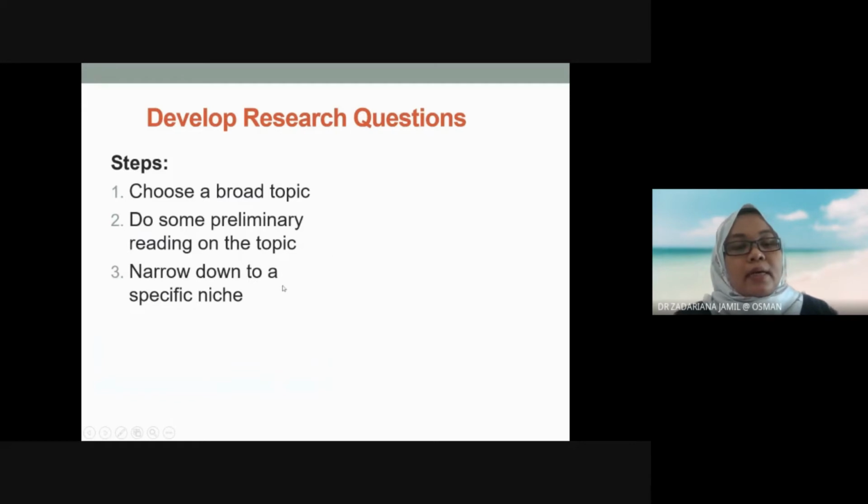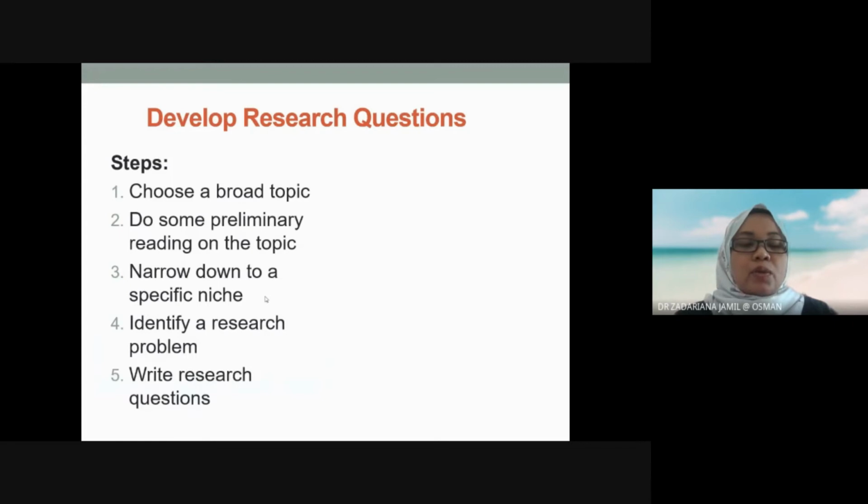Then you narrow down to a specific niche and identify a research problem. The final step, after identifying your research problem, is to write research questions.